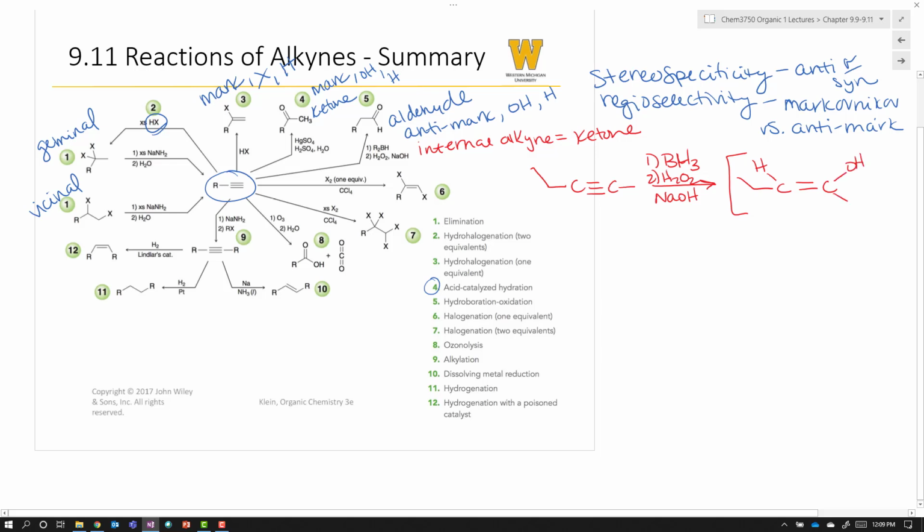So I'm adding the hydrogen to the less substituted carbon, or the more substituted carbon, and I'm adding my OH onto the more substituted carbon, so it has this anti-Markovnikov. And this is our enol. Tautomerizes very quickly into the ketone.